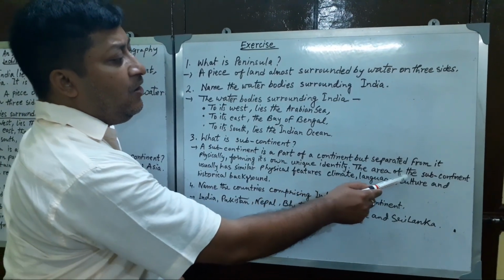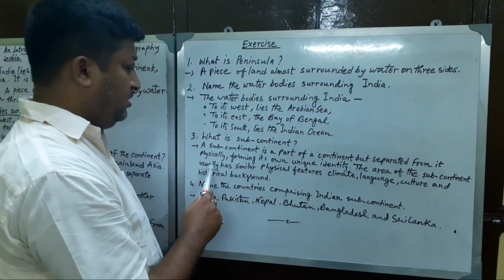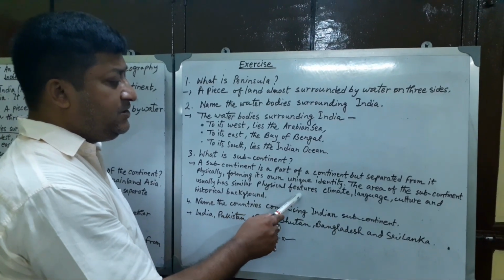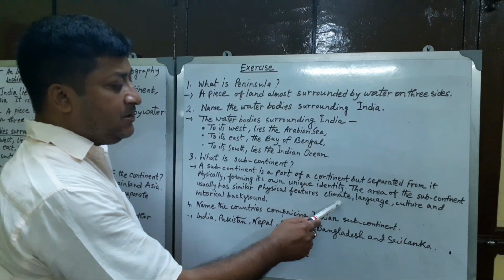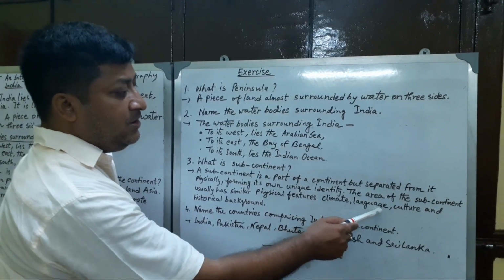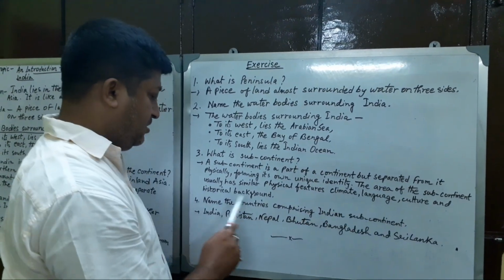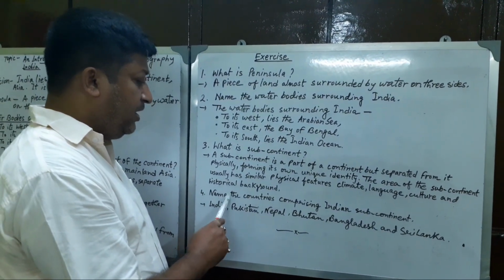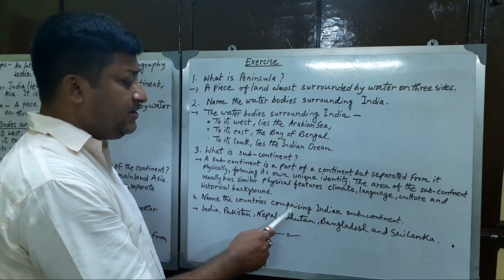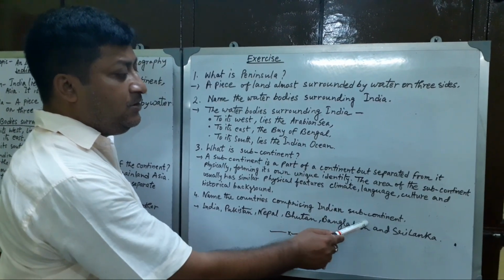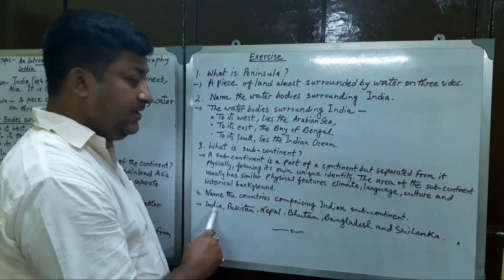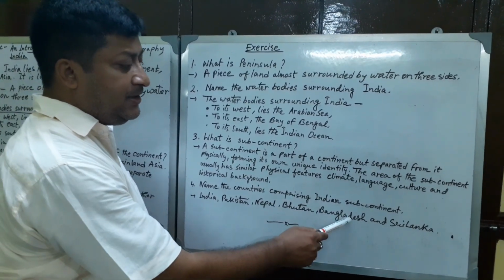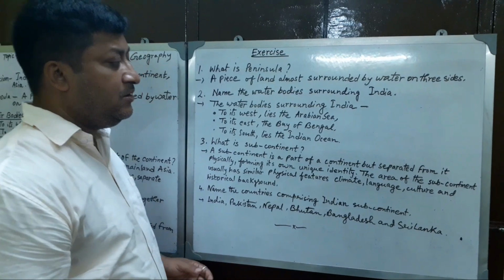The area of the subcontinent usually has similar physical features, climate, language, culture and historical background. Question 4. Name the countries comprising the Indian subcontinent. India, Pakistan, Nepal, Bhutan, Bangladesh and Sri Lanka.